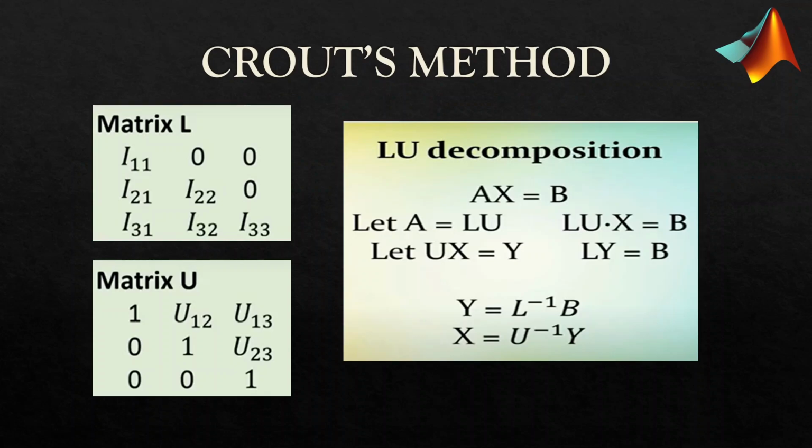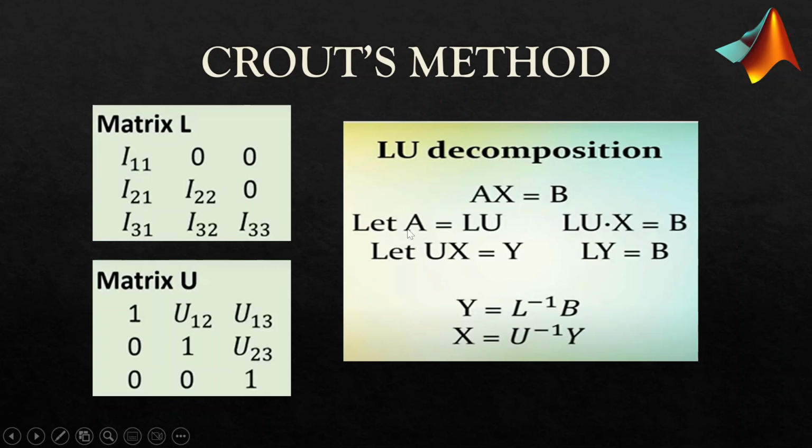So for Crout's method, the matrix L and the matrix U are given in this scenario. For LU decomposition, Ax = b.